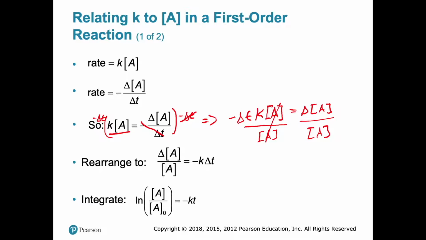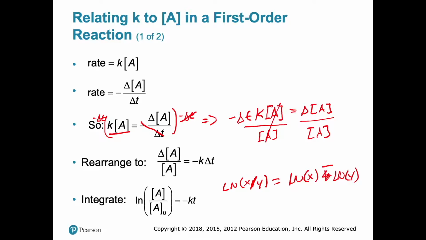But there's a special rule, if you remember from calculus, called the natural log quotient rule, where ln of x divided by y equals ln x minus ln y.